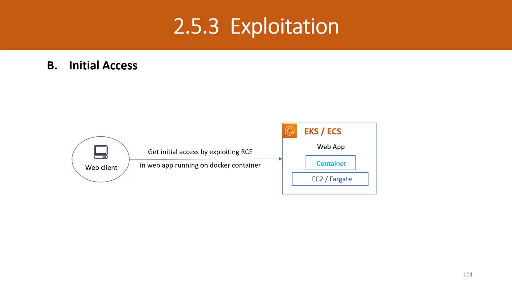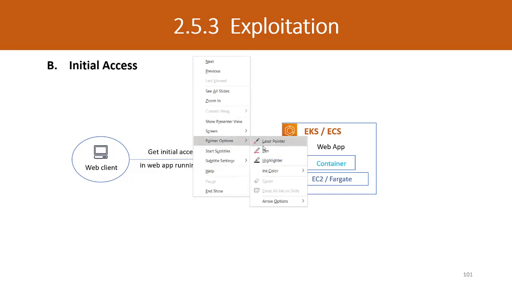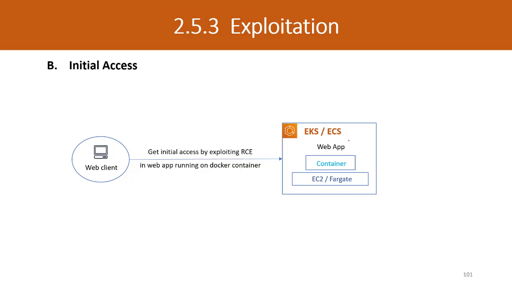In this module, we will discuss how we can compromise a web-based vulnerability to get initial access on a containerized environment. You can see in this diagram, suppose there is one application running on containers, and the containers are running on EC2 or Fargate nodes, and these nodes are part of either an EKS or ECS cluster.